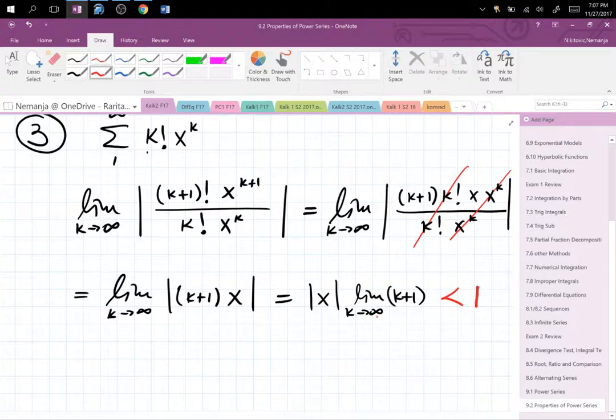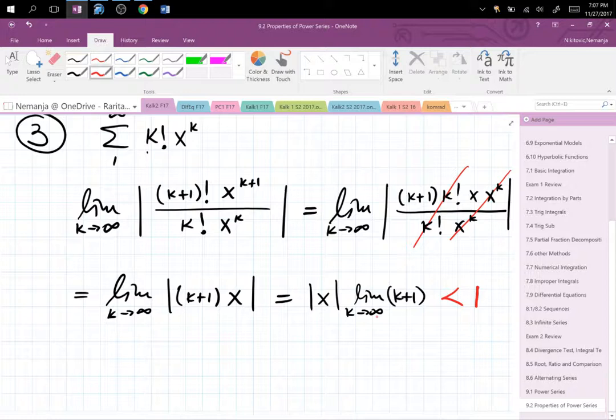If this is 0, any number that it's going to infinity gets knocked out by 0. Every single one, they all go 0, 0, 0, 0, because x is 0. If x is anything else but 0, you get infinity and it's divergent. You can't make it less than 1 for convergence.